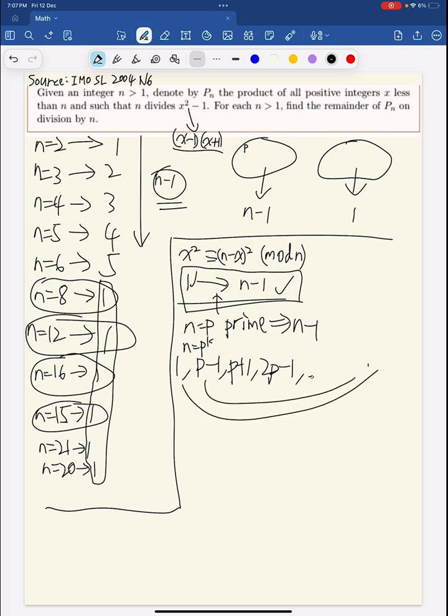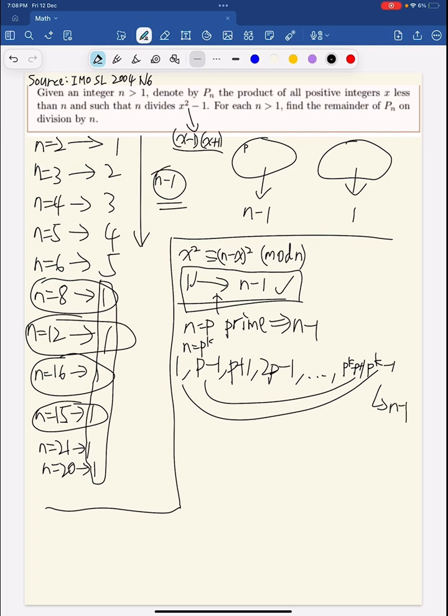For example, the last number is p squared minus 1, and this is p squared minus p plus 1. So the pairing is still there. Then after a bit of analyzing this, you will find that this, for all p, will multiply up to, this is k, sorry, n minus 1.